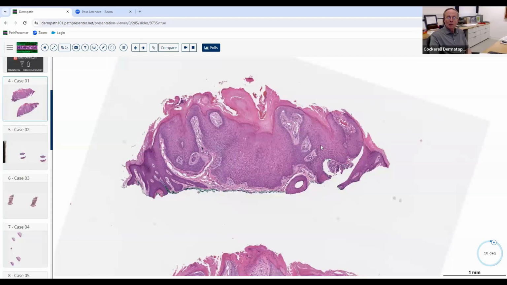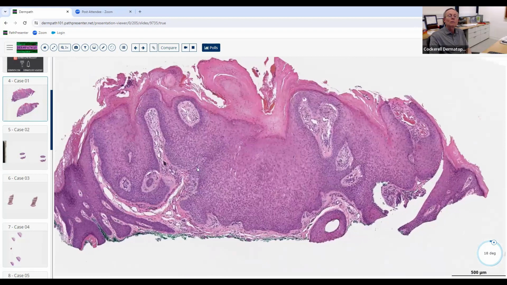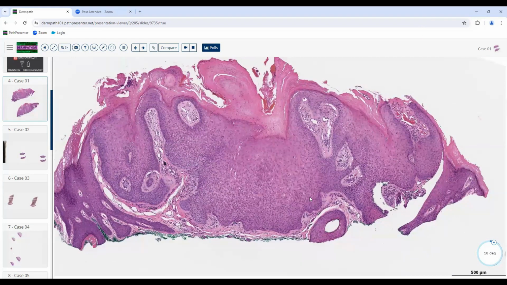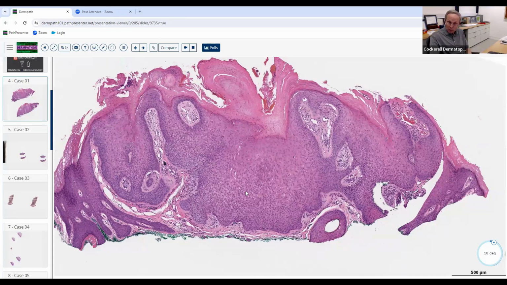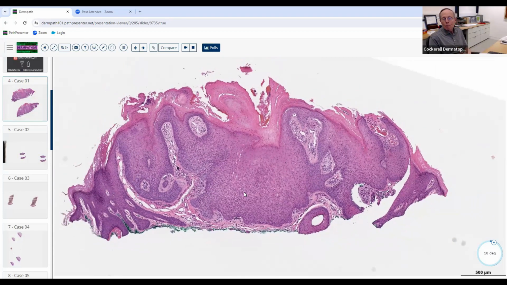And I agree, it is epithelial, but it's not typical stratified squamous epithelium like in the epidermis. It's got something else going on down here, doesn't it? So what kind of epithelium do you think we're looking at here? I favored more adnexal, follicular in origin. Follicular. Now that gets you thinking of the hair follicle.